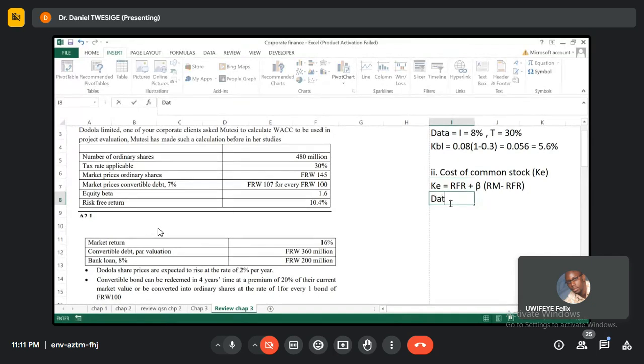Then the question, do I have the data to feed my formula? Risk-free rate is given, 10.4% is given. Market return, RM, is also given. It is 16%.